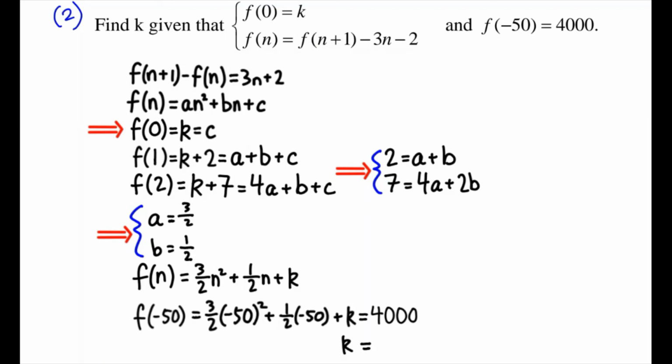Now, since f0 is k, that means if we put 0 in, we're also going to get k. That means we're going to end up with c, meaning that k is equal to c. We can find out f1 just by plugging n is equal to 0 into this over here to get that f1 is equal to k plus 2. Similarly, we also find out that f2 is equal to k plus 7 by plugging 1 into this over here.